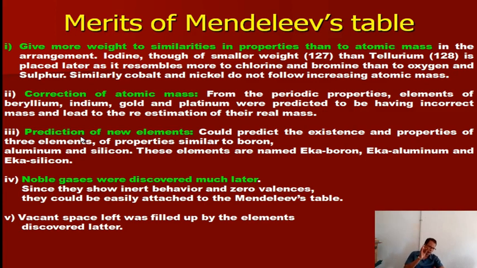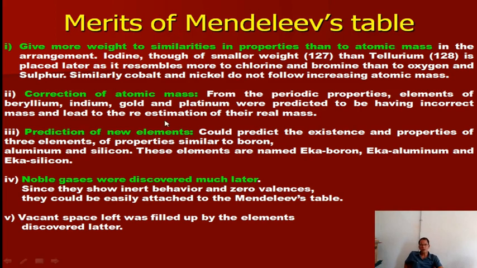Although he arranged the elements in increasing atomic weight, he gave more emphasis to similarities in properties. In some cases he found that the properties may be the same, but the atomic weight may not be as per the increasing order of atomic weight. Some difference he also observed, but he gave main emphasis to similarity in properties.